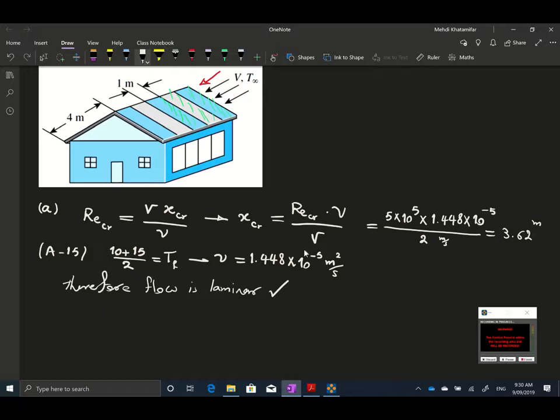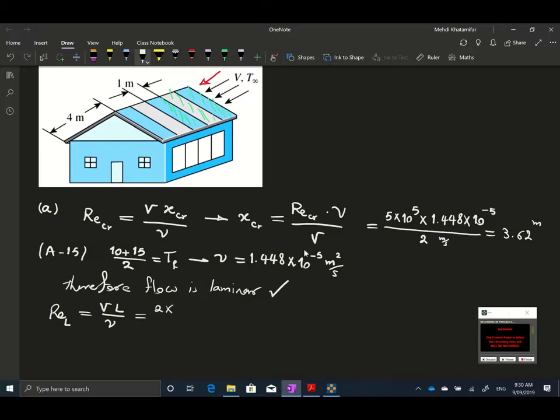Okay, now I need to know the Reynolds number for that 1 meter plate or solar collector. So the Reynolds number for that length is going to be velocity times that length divided by nu. So velocity is 2 meter per second.